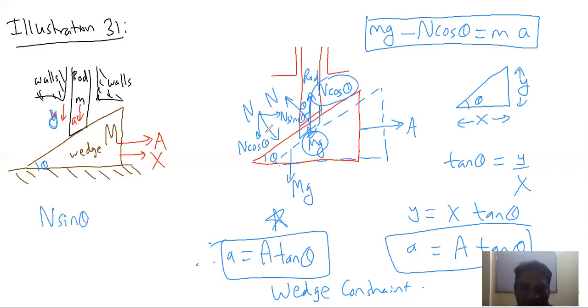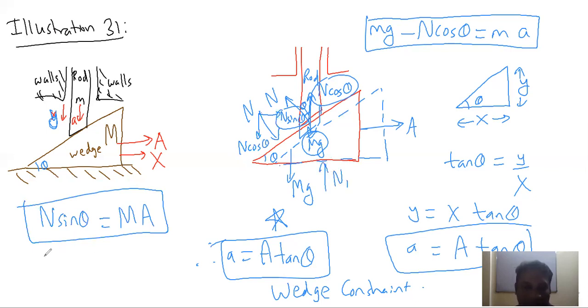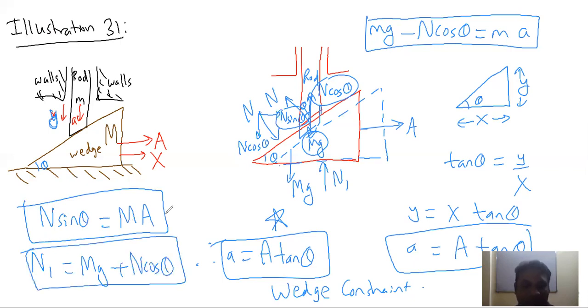The component N sin theta on the wedge leads to acceleration, MA. Along the vertical, we have the normal reaction by the ground, let us say N1, in the upward direction, which equals Mg plus N cos theta in the downward direction. These are the equations on the wedge.